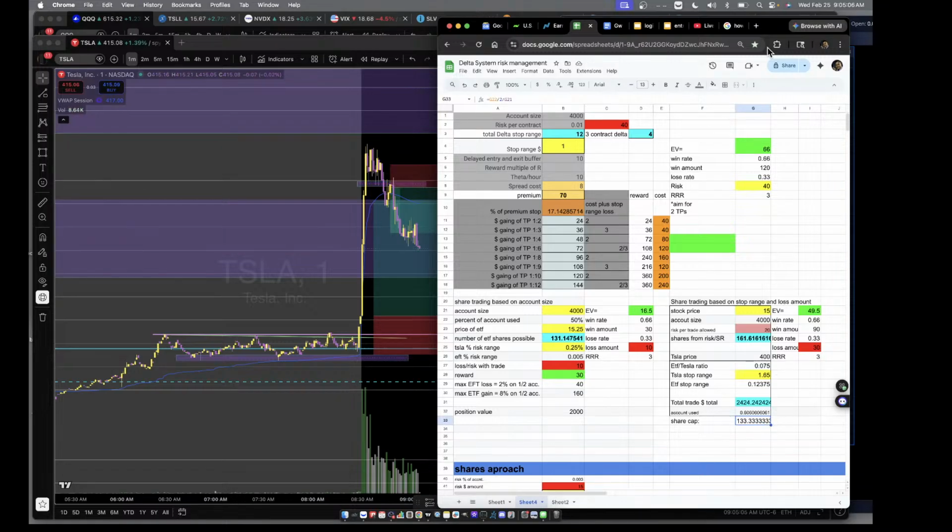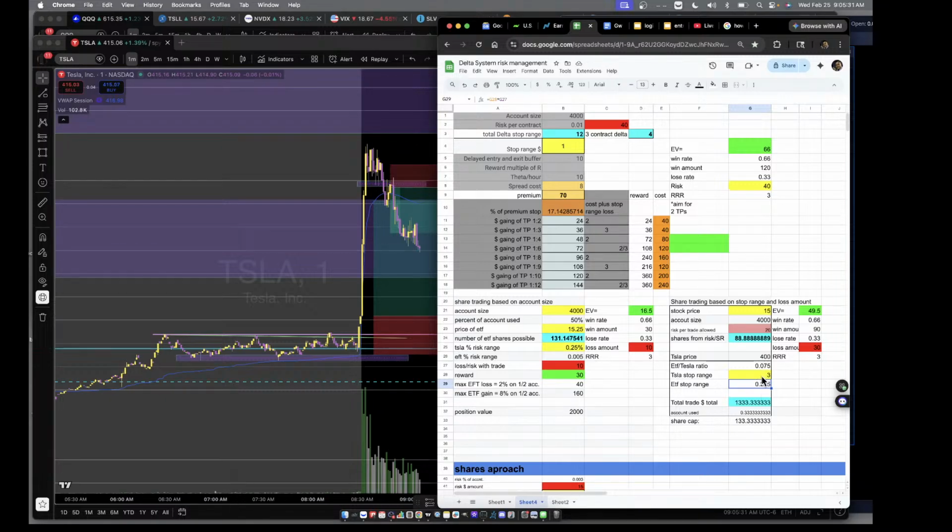The share cap is 133. Okay. Share cap is 133. So the idea is that I max out at this or less if, for example, this is 3, then 88. Okay, I can afford it.